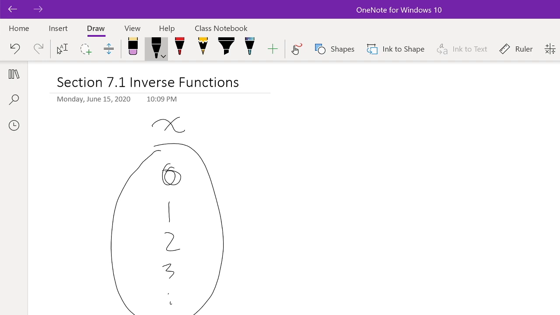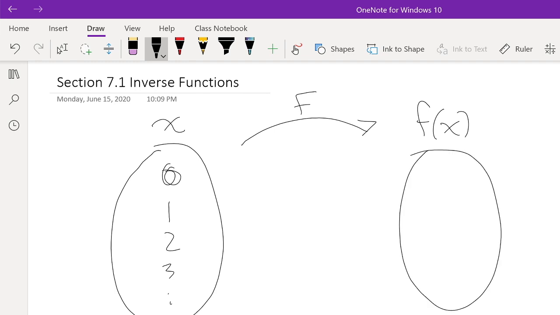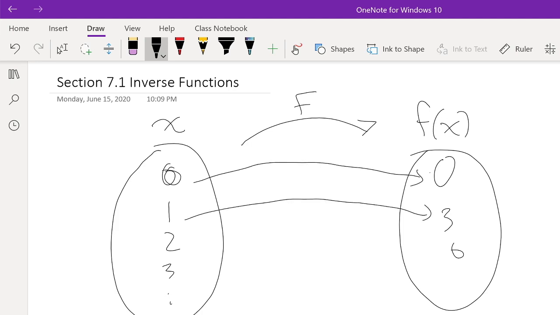Set D, the domain, and then there's some function f. It performs some operation on the input x, and then the output is our function f of x, called our range. Again, let's say these get mapped on here, and again there may be infinite other values here.